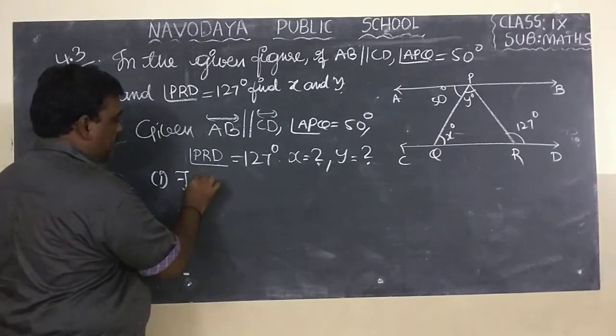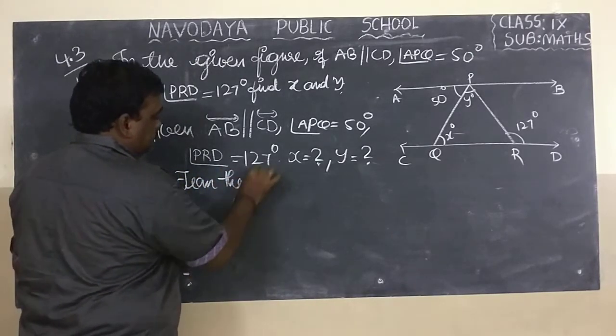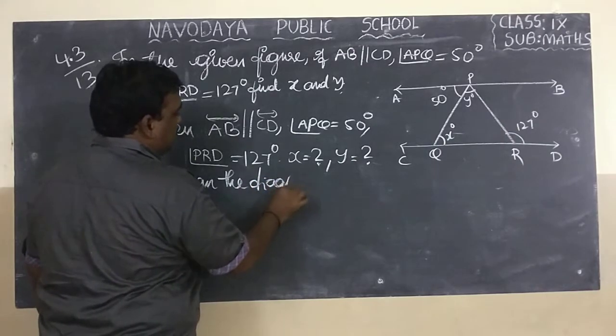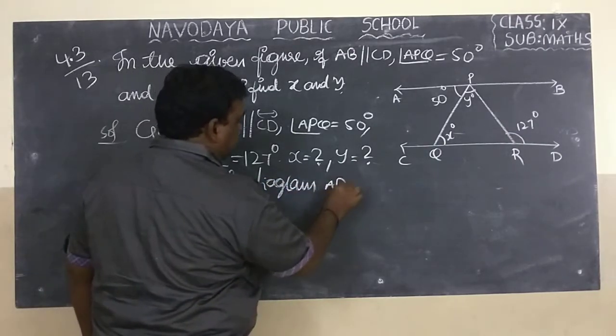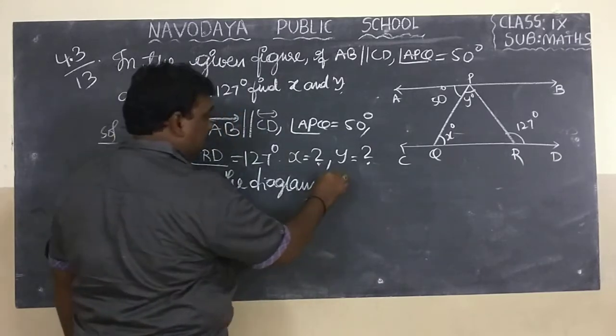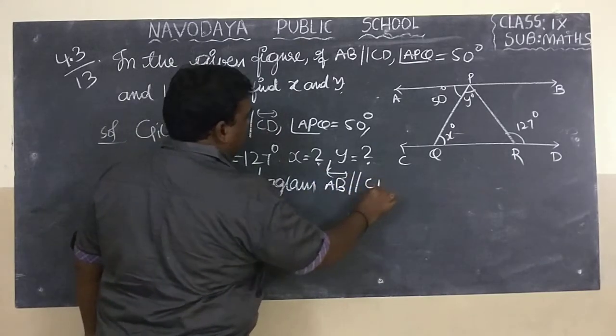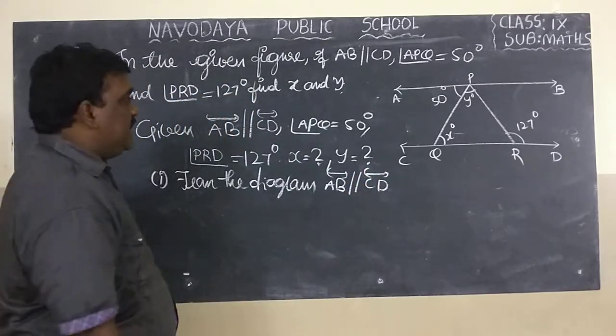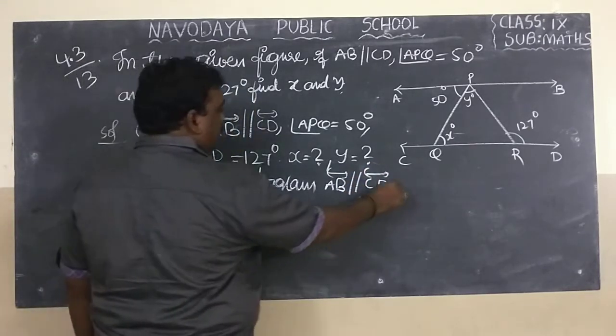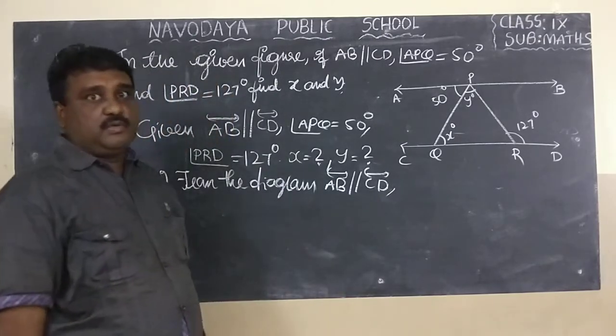Okay, number 1. Write the solution. From the diagram, AB parallel CD, comma. So which one is a transversal?